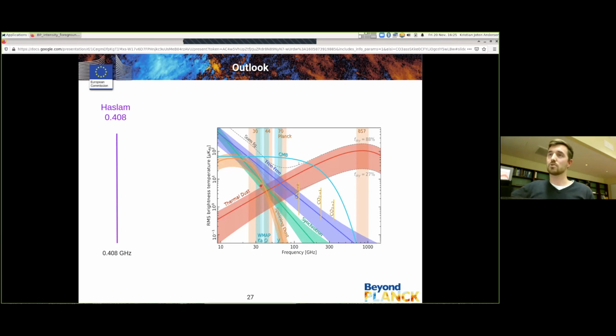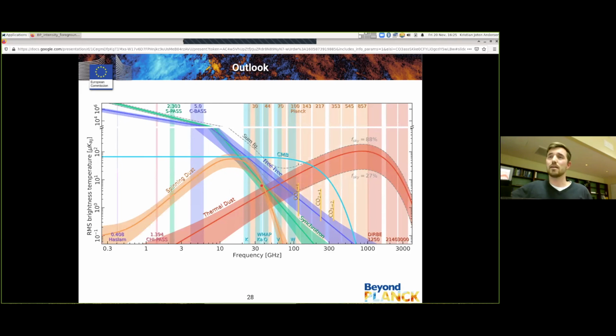So in the future, we would like to add new data sets within the BeyondPlanck pipeline, treating all the data in time, so that we can resample and have all the uncertainties propagate. And in that case, we can add more or less all the data we want. At the moment, we're limited by the amount of data that we can store in memory, and therefore our data set is quite small.